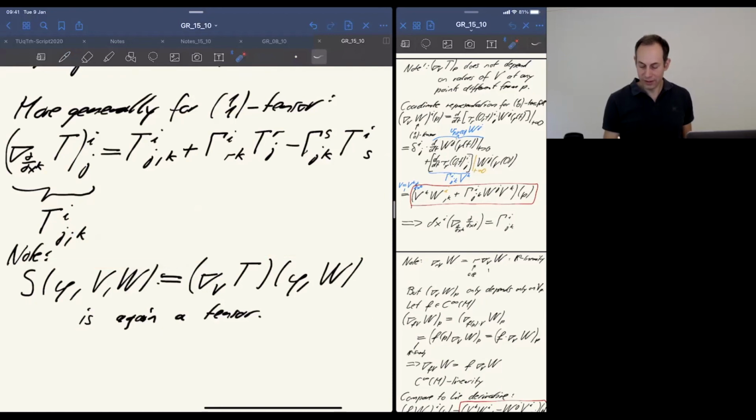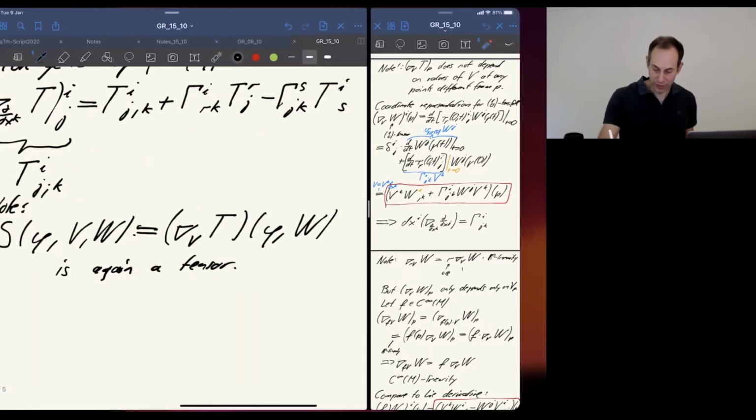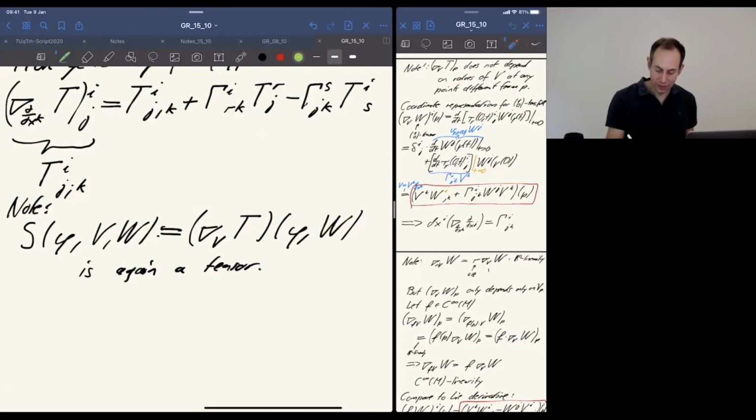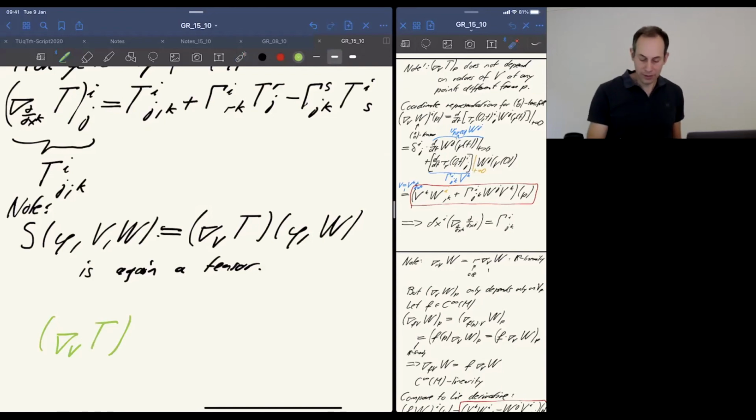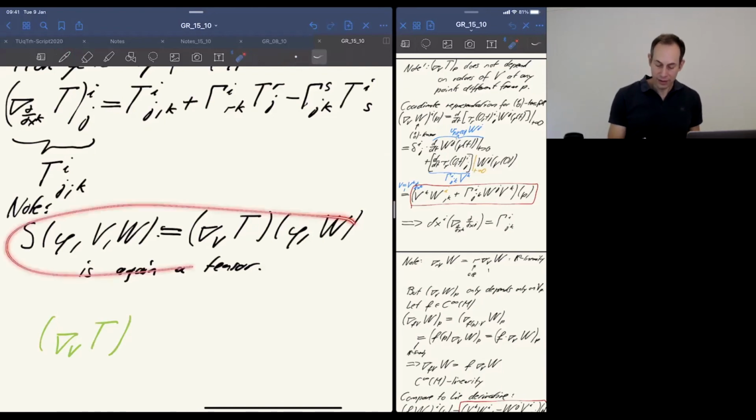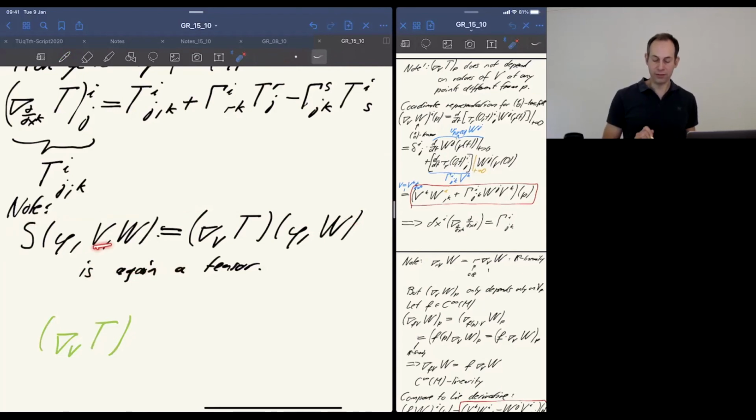Earlier I made the claim that this thing is again a tensor, but what I'm saying here is that if I even look at the direction itself as an argument to the tensor, then I get a higher rank tensor.